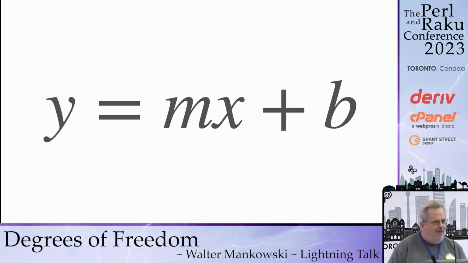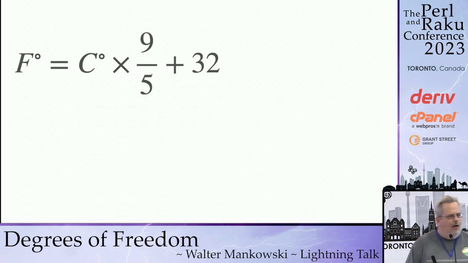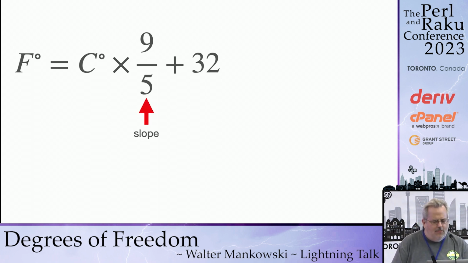Now we're going to go back to maybe middle school pre-calc. Remember, this is the equation of a line, where m is the slope and b is the y-intercept. We all remember this from pre-calc. So let's look at this formula again to convert from Canadian degrees to freedom degrees.